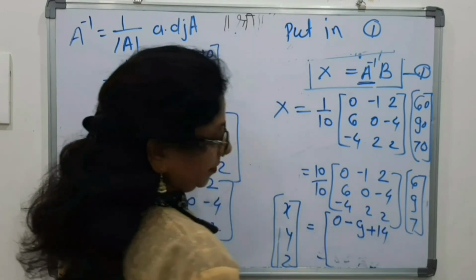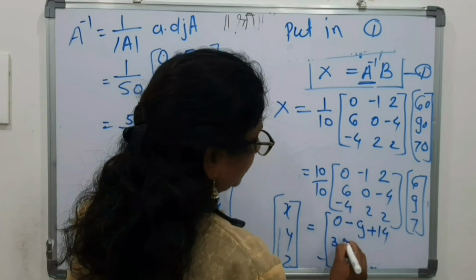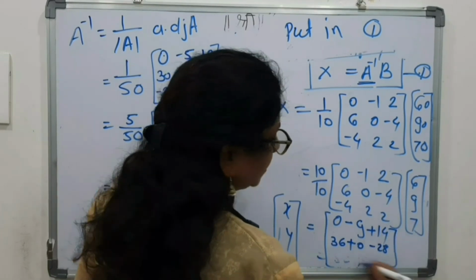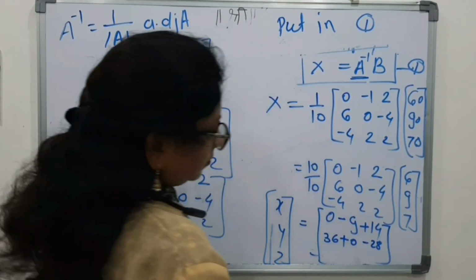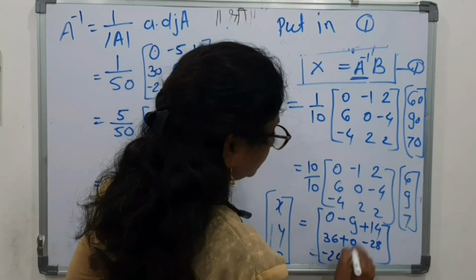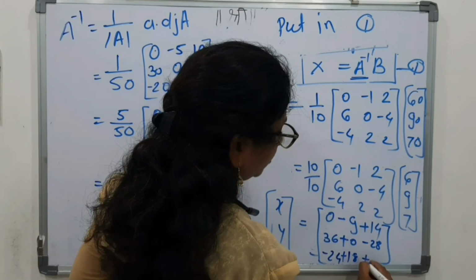This is the first element. Then 36 plus 0 minus 20. This is the second element. Now for the last element, minus 24, 2 into 9, 18, 2 into 7, 14.